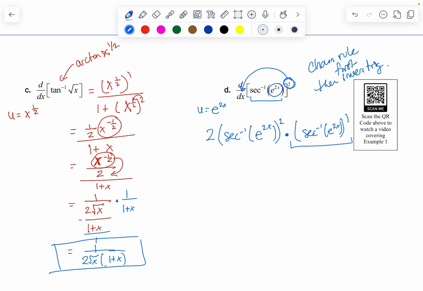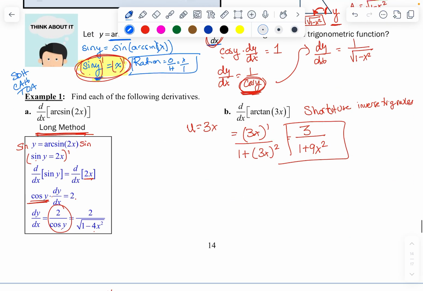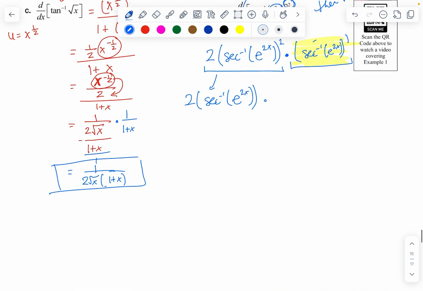So I need to derive this part. The stuff squared already got derived, so of course this is going to come along for the ride. And then the derivative of inverse secant, going back to our table, is u prime over absolute value of u times the square root of u squared minus 1.